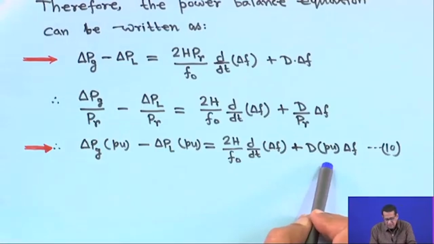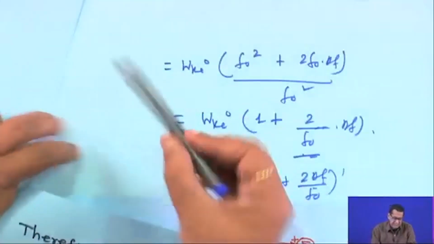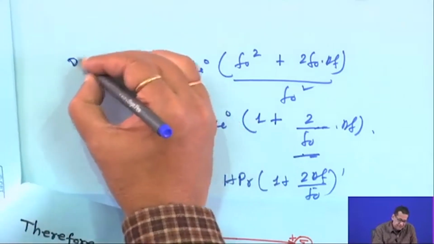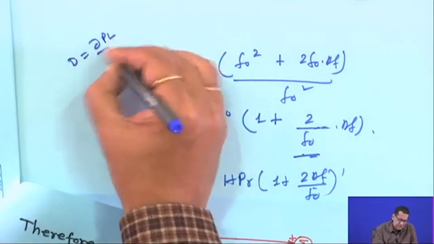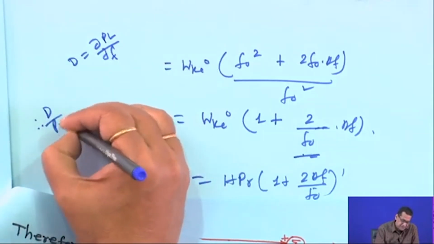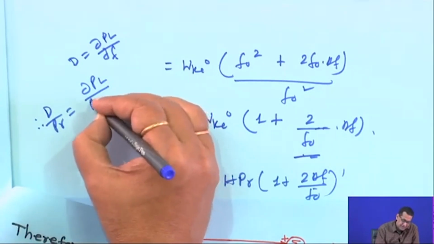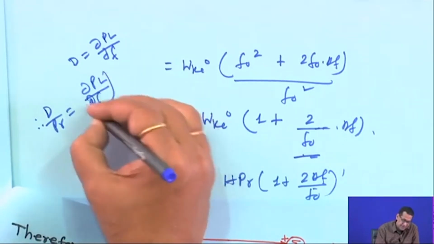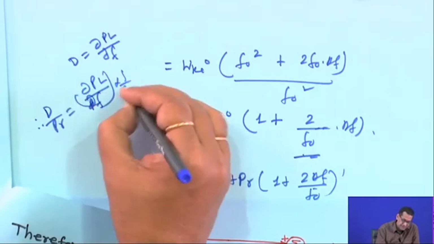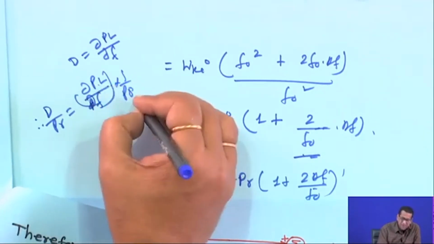and D will be in per unit, because this D is equal to delta P L upon delta f, and you are dividing it by P r. So, delta P L upon delta f, right, into 1 upon P r. So, delta P L upon P r will become per unit.